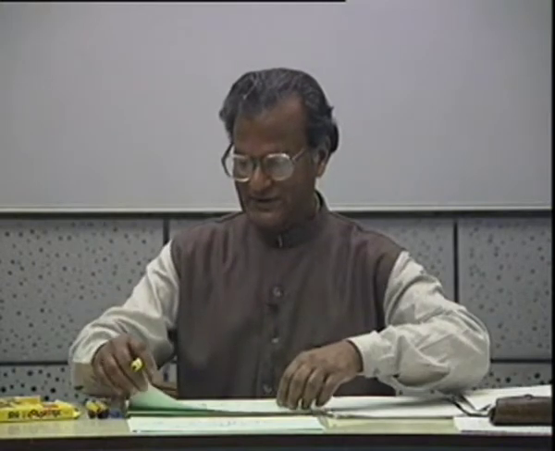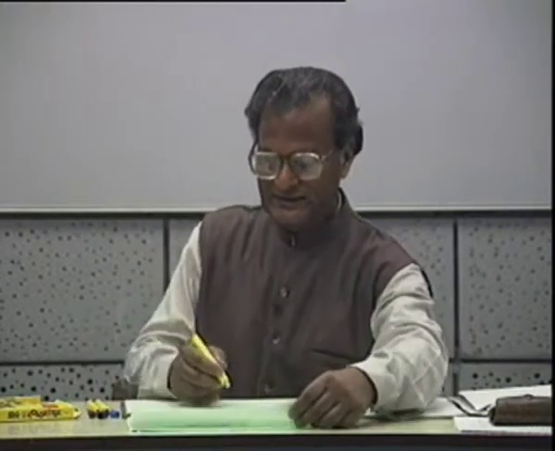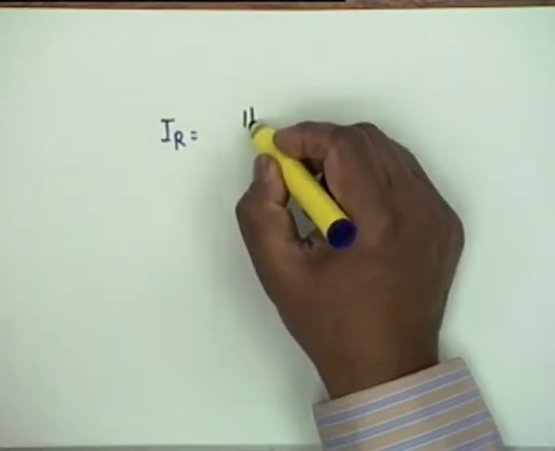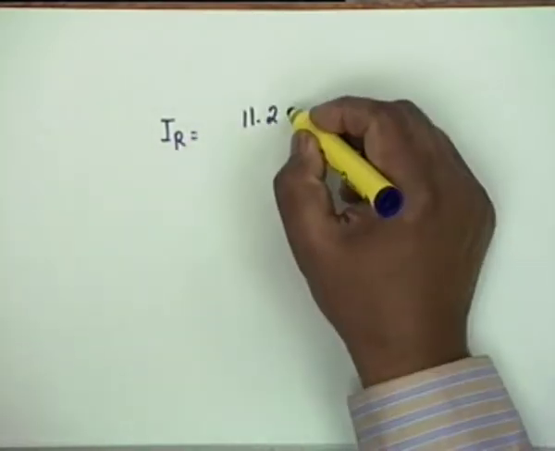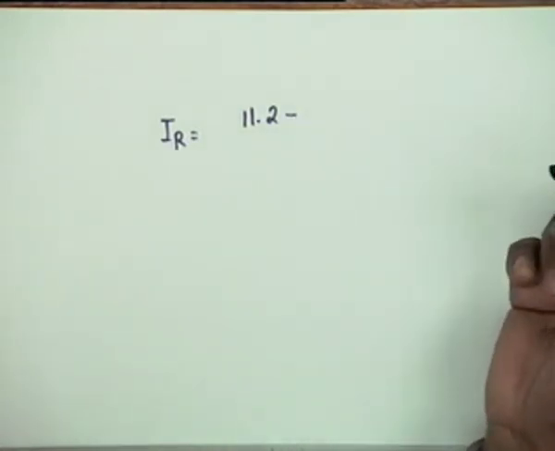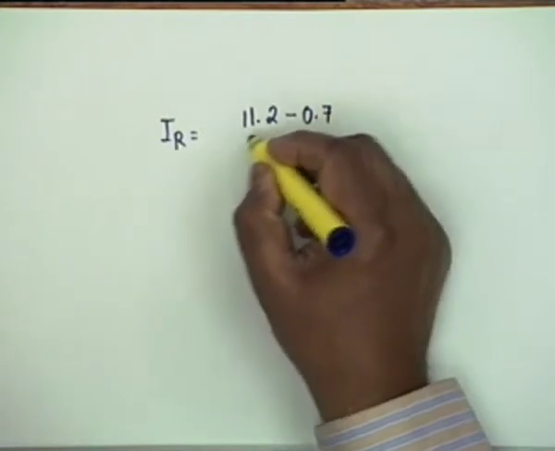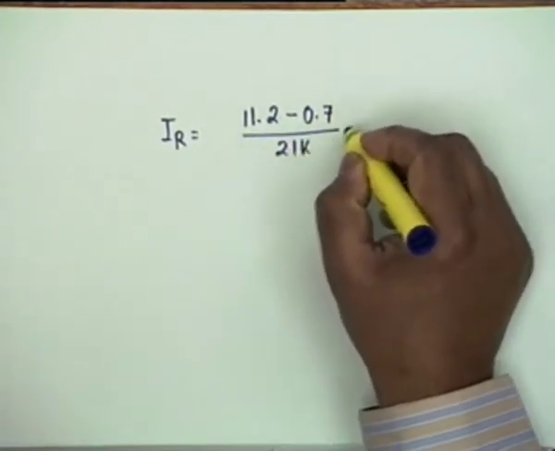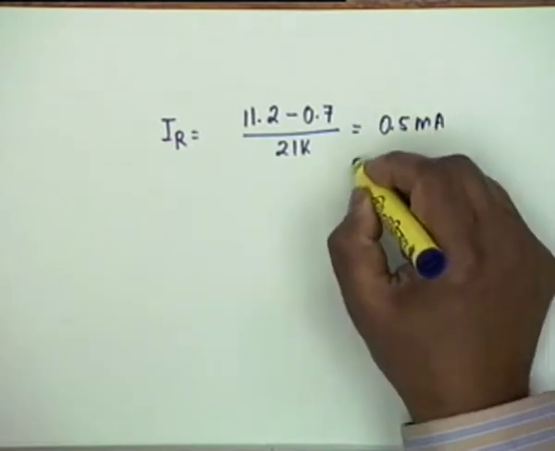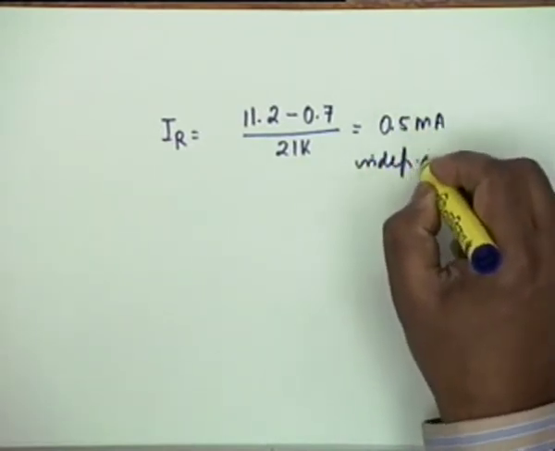First, I sub R is obviously the power supply 11.2 minus VBE1 or VBE2, because the two are equal, 0.7, divided by 21K, which is equal to 0.5 milliampere, and this is independent of RB.